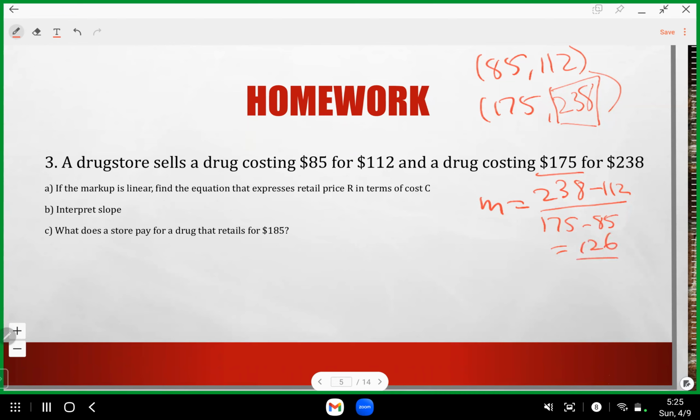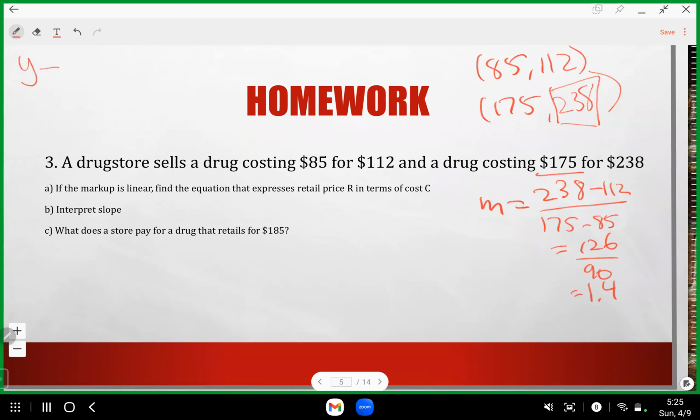So this is a weird one. It's 1.4. Okay, so that's our slope, and we can put that into a point slope equation.